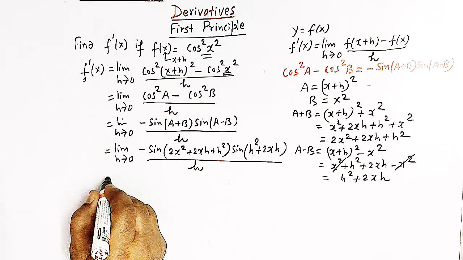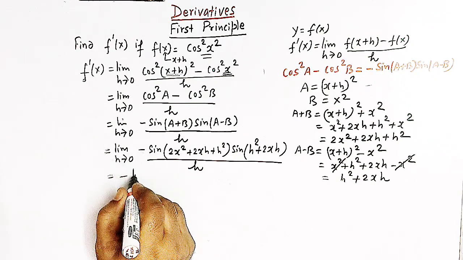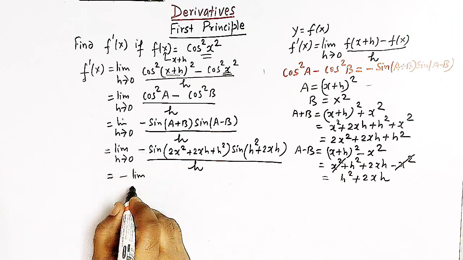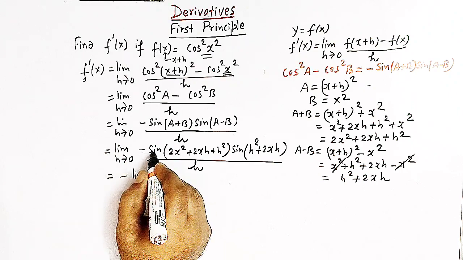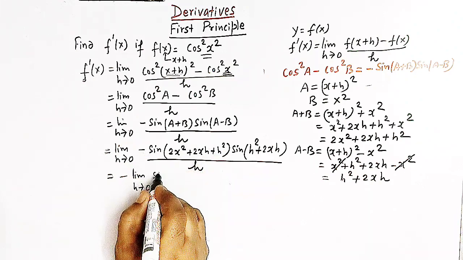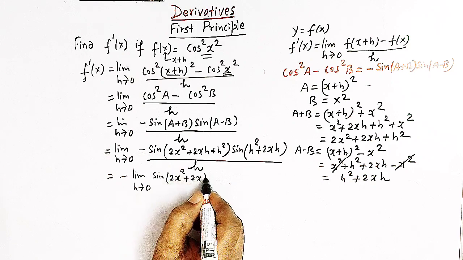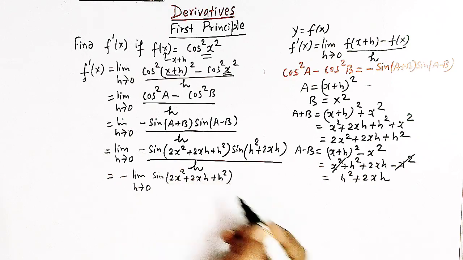So now let us take this negative sign outside, and we have limit h tends to 0. First we'll take this expression only, that is the sine of 2x square plus 2xh plus h square, right?